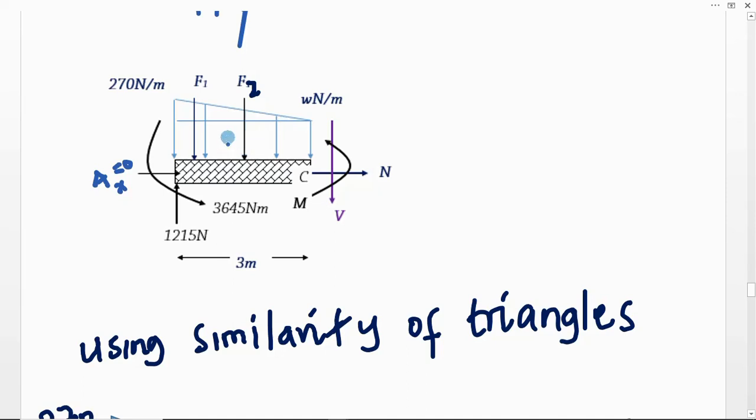Then remember, this results in a trapezium. So if it is a trapezium, we can still break it into two figures, a rectangle and a triangle. Now the force due to the triangle is going to be F1, which is going to act at a third of the distance from here to there.